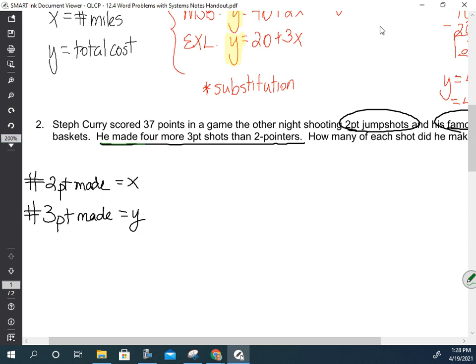So I'm actually going to start with this one that I just put in green. He made 4 more 3-point shots than 2-pointers.